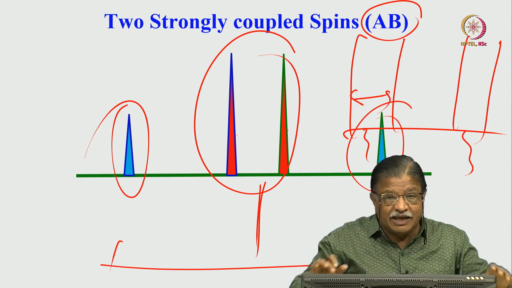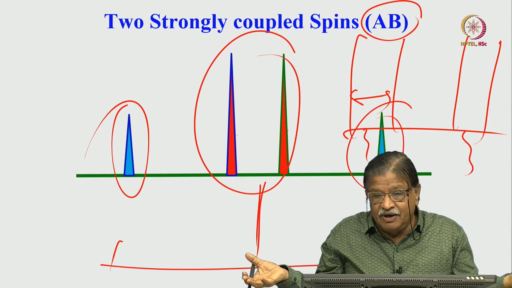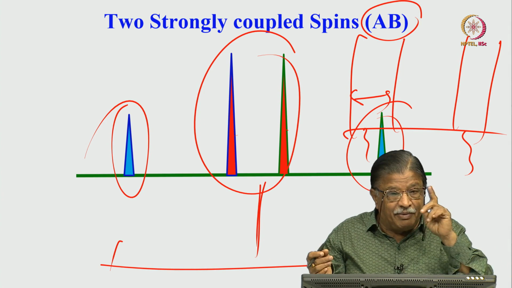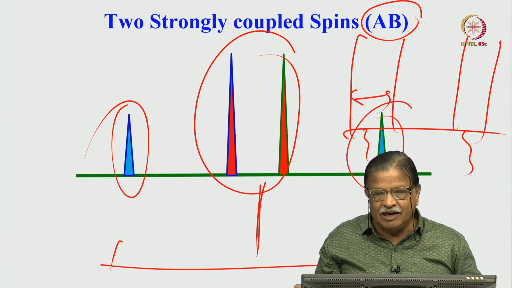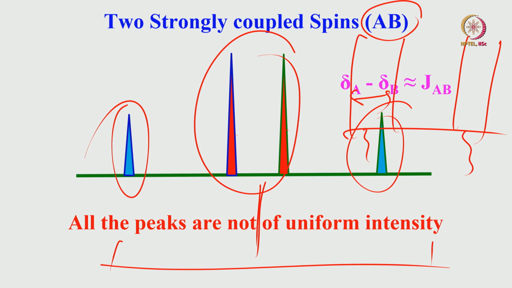In the strongly coupled case, for the same two spins, the spectrum is completely different. What you see for weakly coupled and strongly coupled are different. But remember, in the strongly coupled case, you cannot analyze the spectrum so easily. All peaks are not of uniform intensity. Just like we did for the weakly coupled example, I measure the chemical shift of A, the center chemical shift of X, and I measure this separation to get the coupling constant.